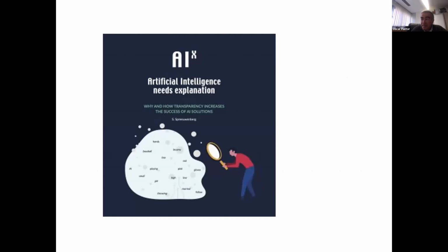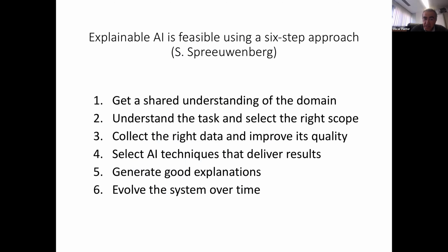If we want to provide an explanation that clarifies why an AI algorithm is doing something, we want to understand why the machine is doing what it is doing. Well, look at these 6 steps that Sylvie Sprengenberg proposes in her book Explainable Artificial Intelligence.